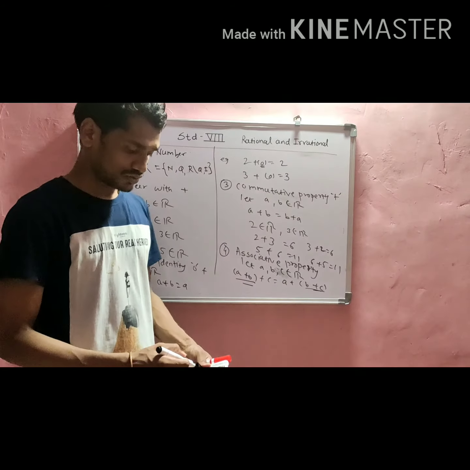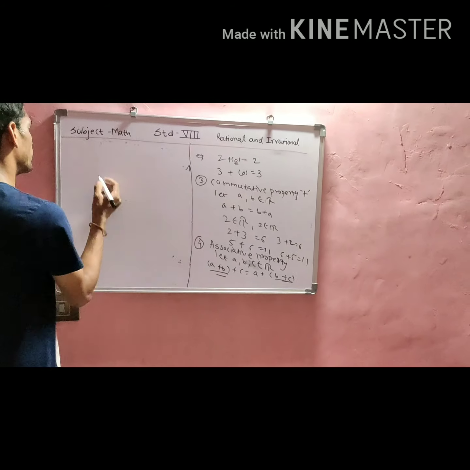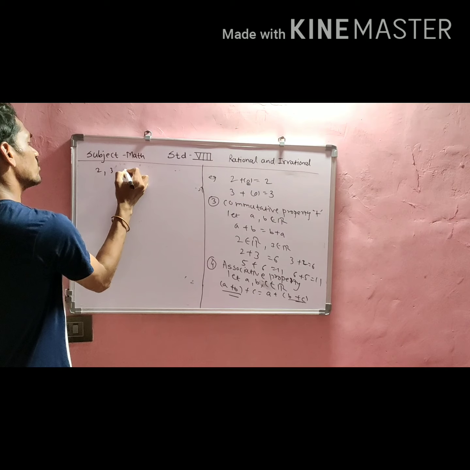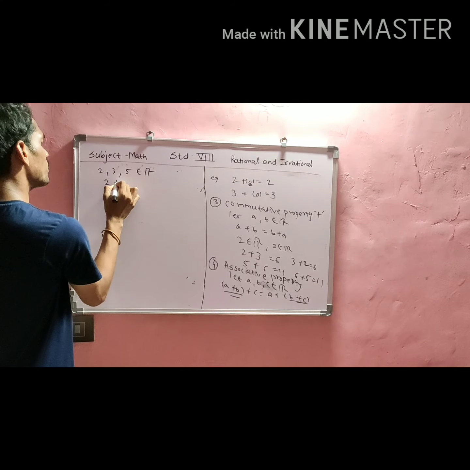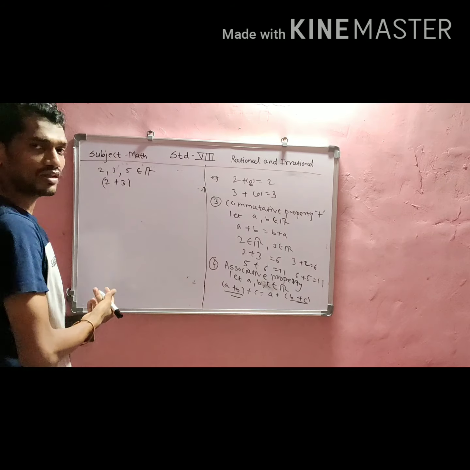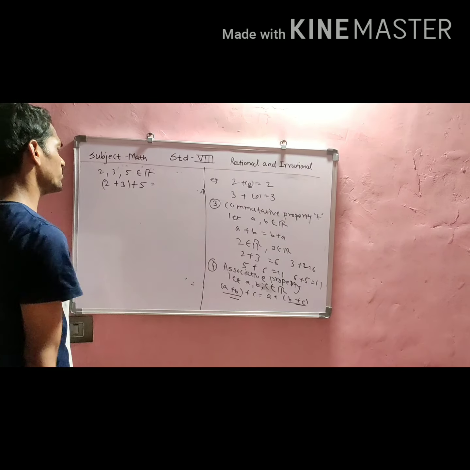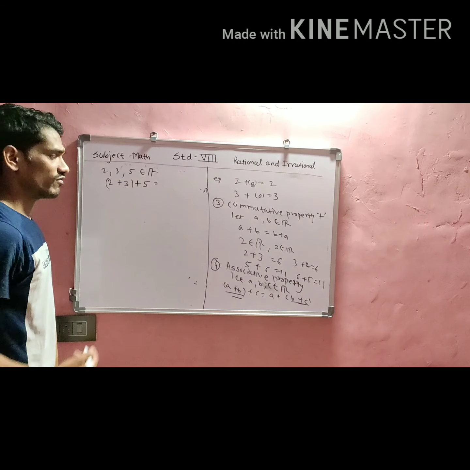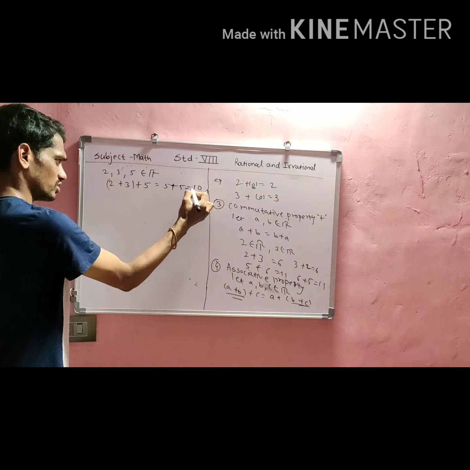Say for example, students, if I take the real numbers 2, 3, 5 and add 2 plus 3, then add this with 5, what do we get? 2 plus 3 is 5, and 5 plus 5 is 10.